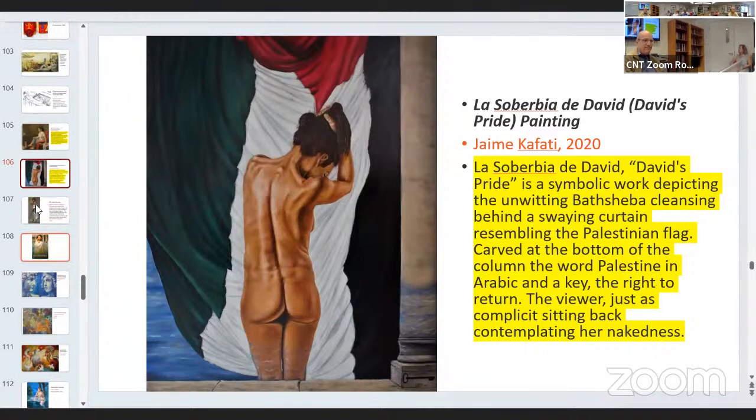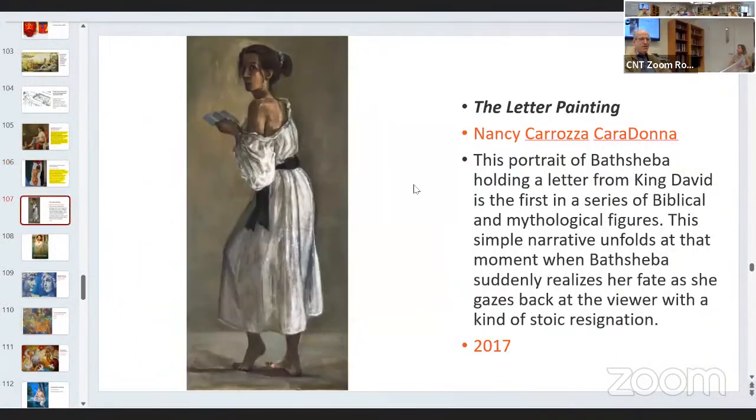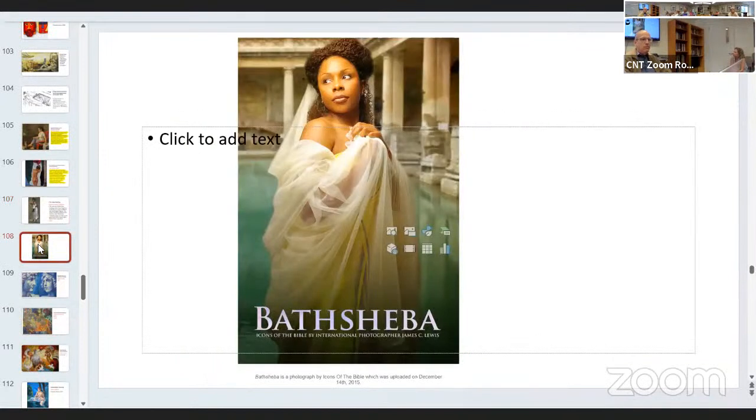I personally do not agree with the views here, but I just thought it's interesting to see the representation of this in the art. Here's another interesting photo. There are books called Bathsheba that are out today.